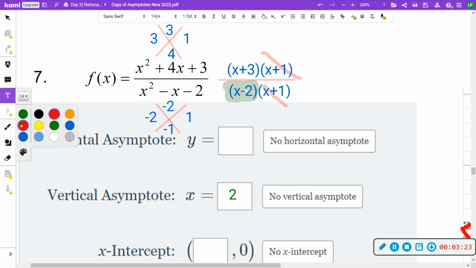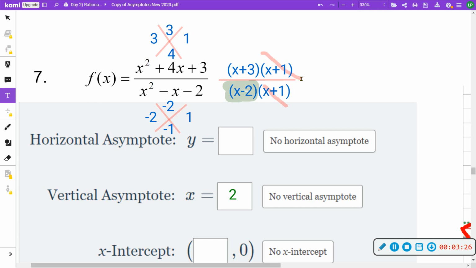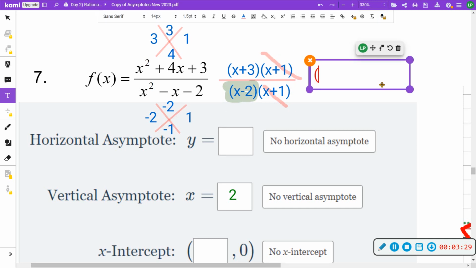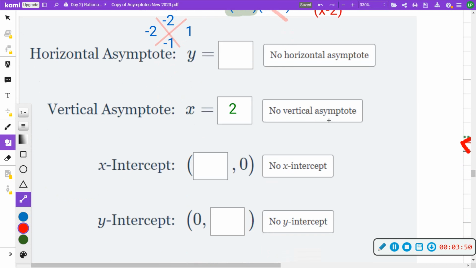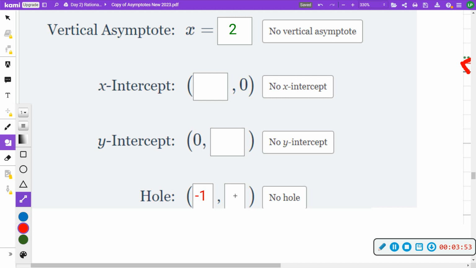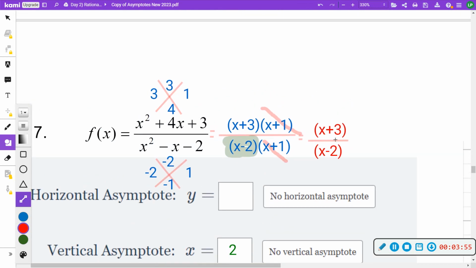Now, how do you find the y value? When you keep working on this and these cancel, you get x plus 3 on top and x minus 2 on bottom. I really should add in some equal signs, so that equals that, and this also equals that. If I want to find the hole, I need to plug negative 1 into this function.